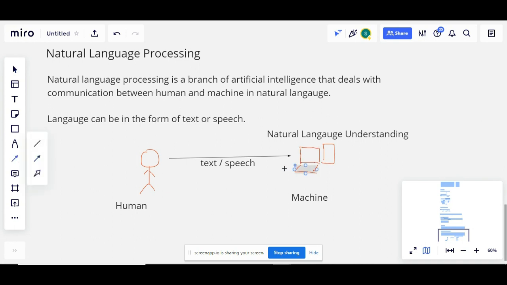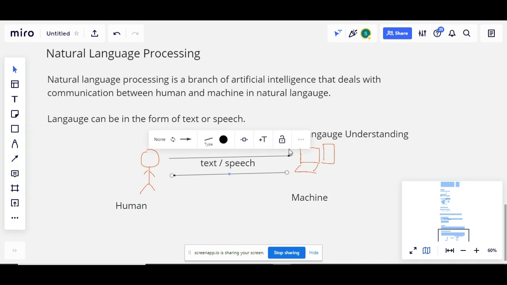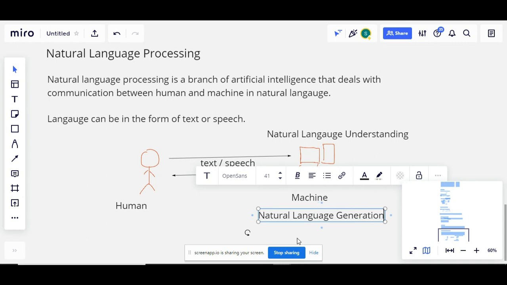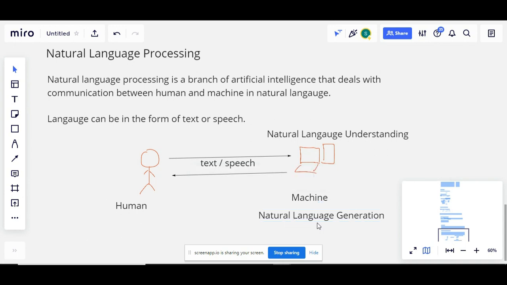Similarly, if this machine replies back, again, the reply can be a written message or a text message, or it can be speech. And that process is known as natural language generation.